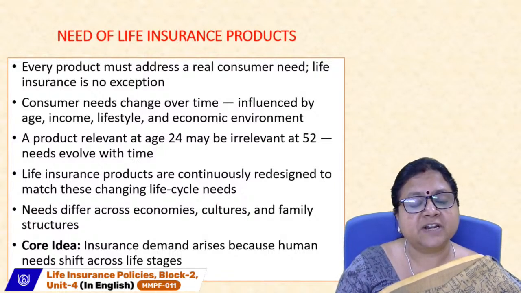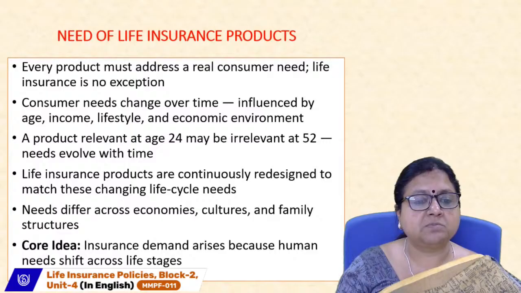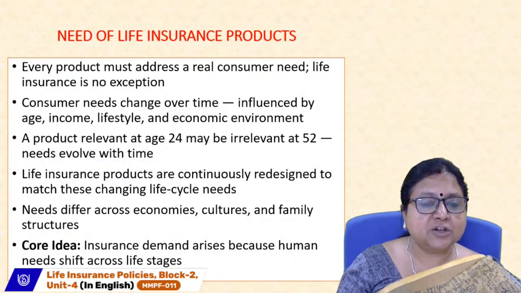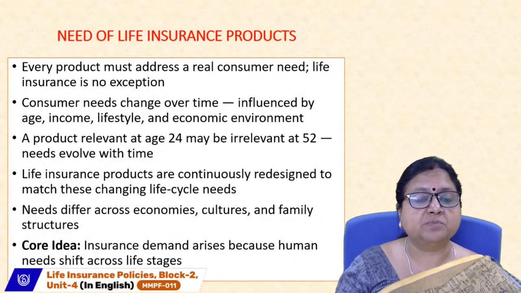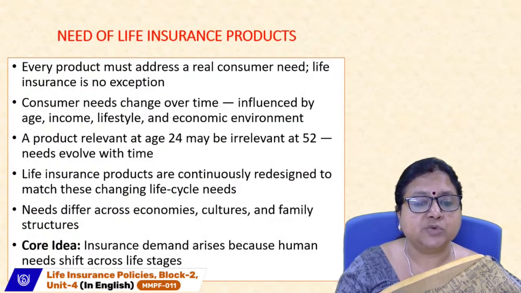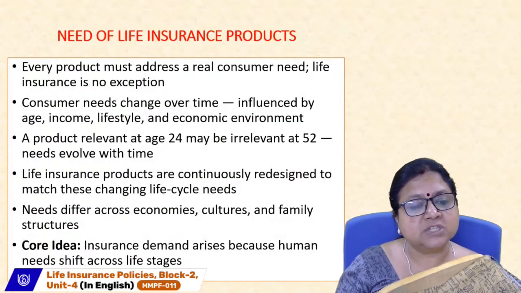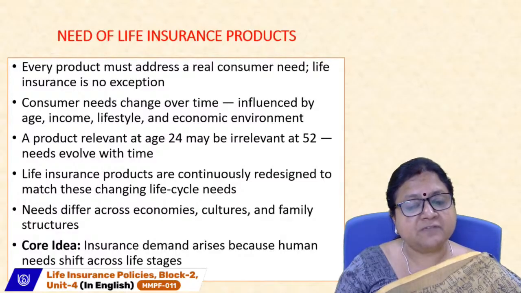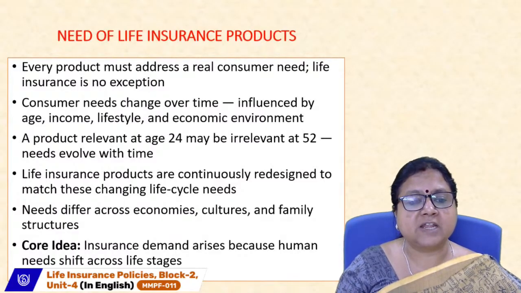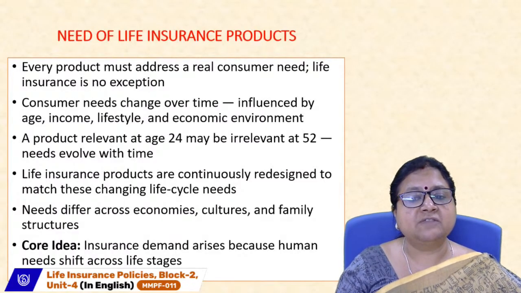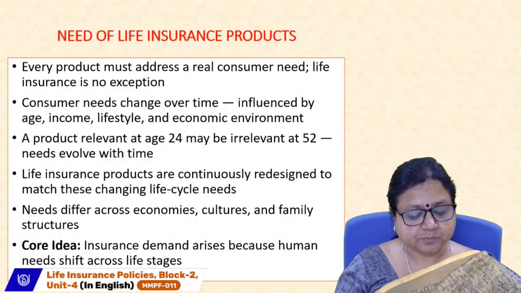The needs will also differ across different economies. That means in India, the needs of an individual will be different from those of a person residing in the US. So in different economies the needs will vary, among different cultures of society the needs will vary, and also among different family structures.